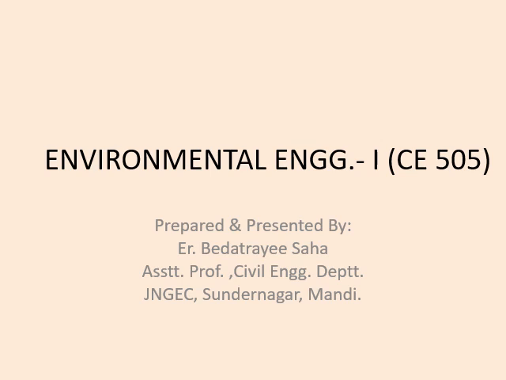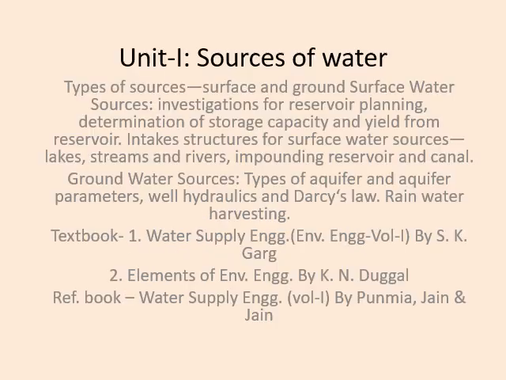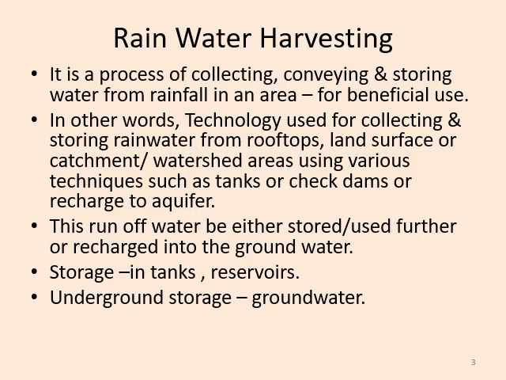Okay, students, so we will be discussing today the last topic of Unit 1, sources of water, that is rainwater harvesting. So what is rainwater harvesting? Nowadays it is a most commonly used term in water resources.